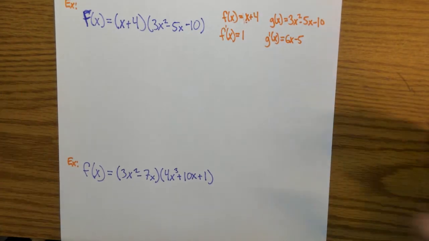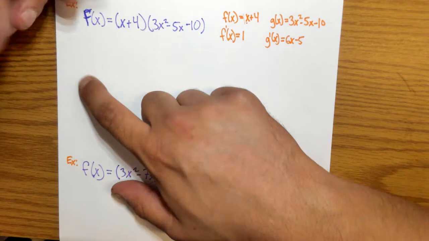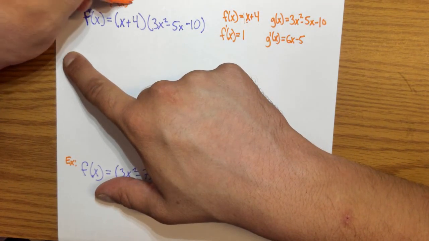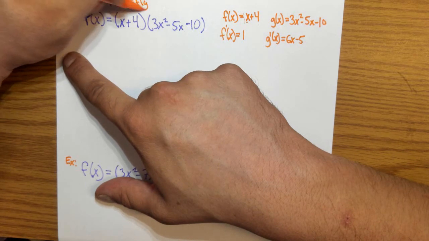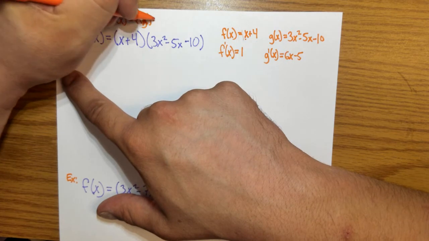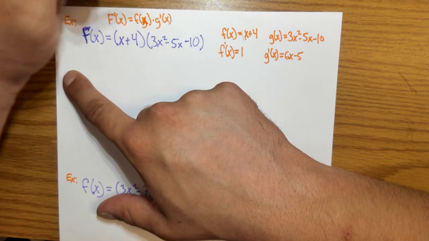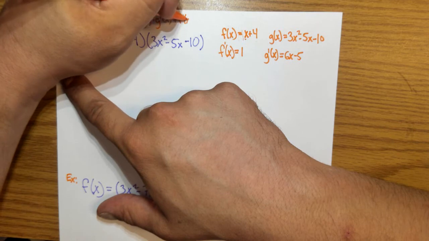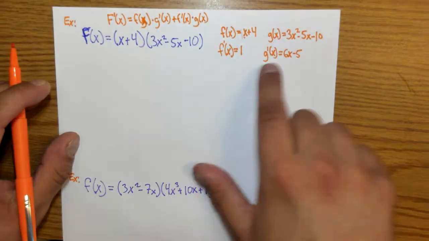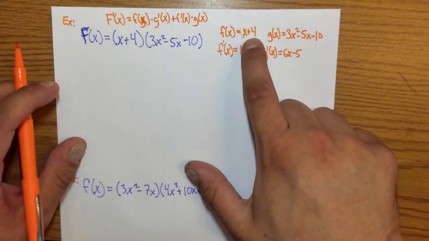So let's put this into the form here. I'll write it again. F prime of x is equal to f of x times g prime of x plus f prime of x times g of x. Okay, so let's see here.